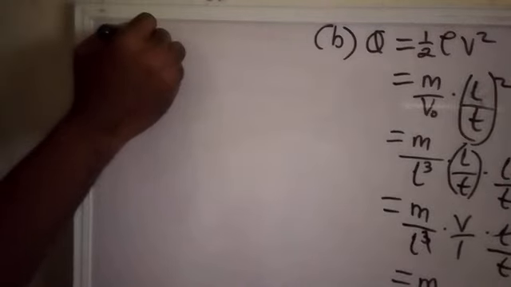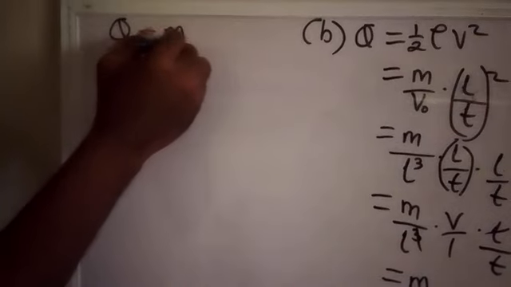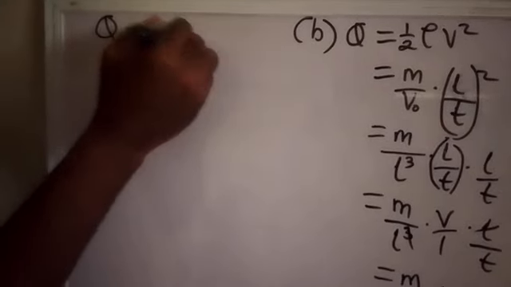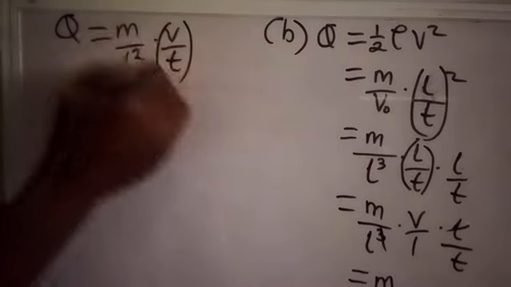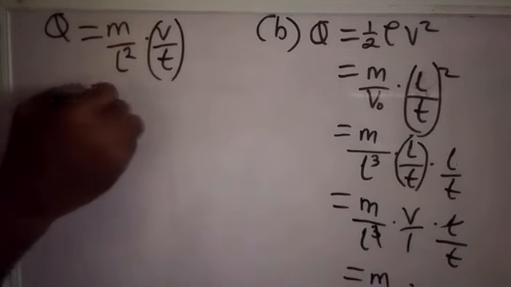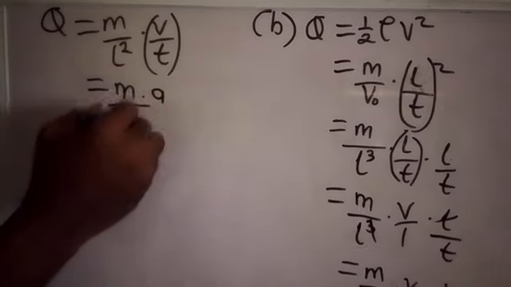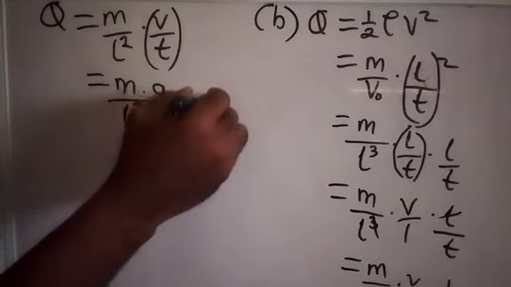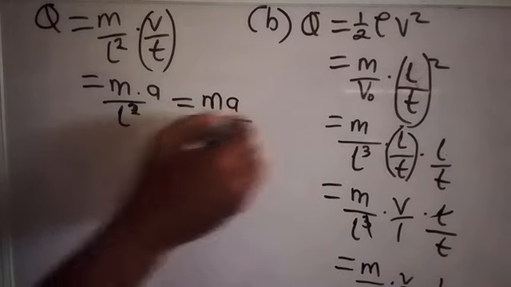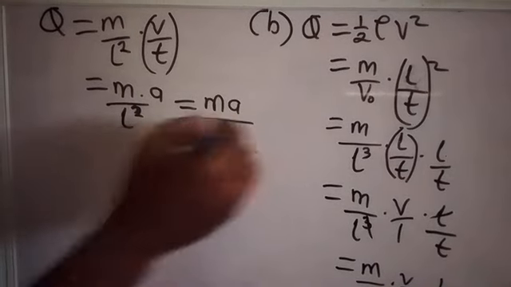Now we can finish it here that Q is equal to M over L squared times V over T. Now remember that V over T is acceleration, so we can say this is M a over L squared. L squared means length times breadth, and that is area.